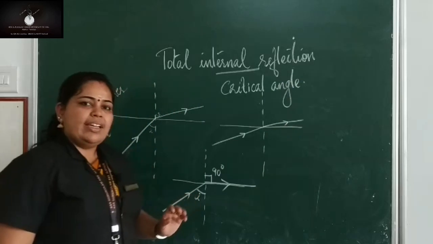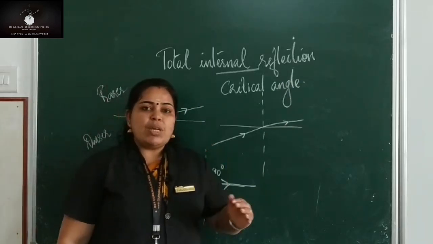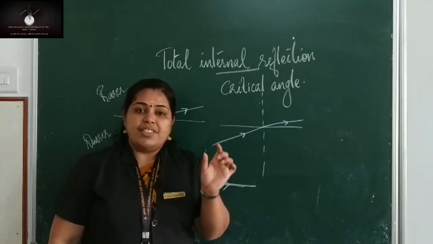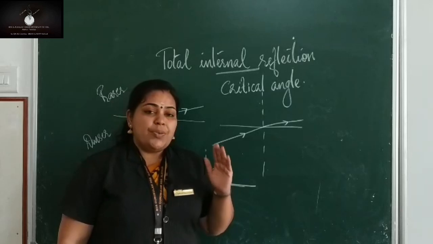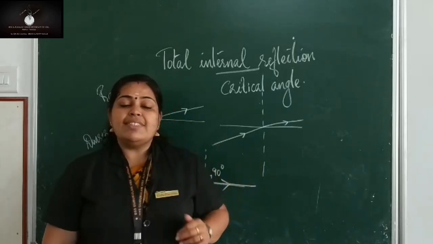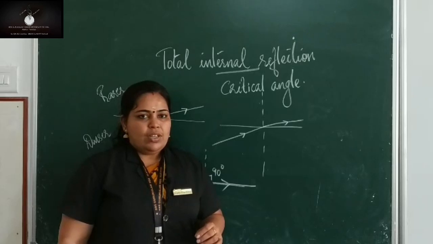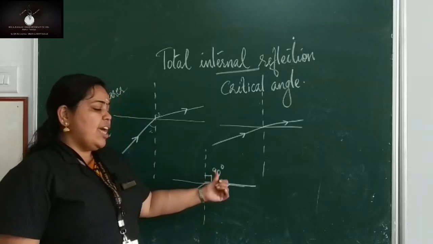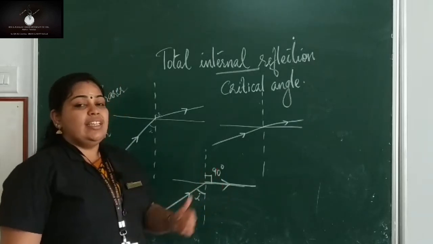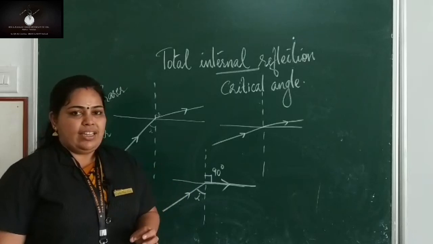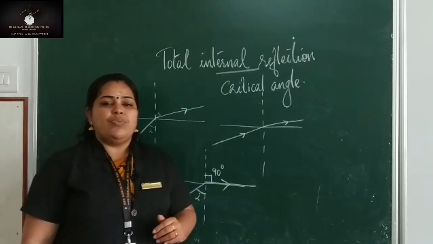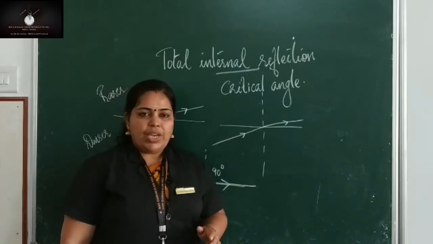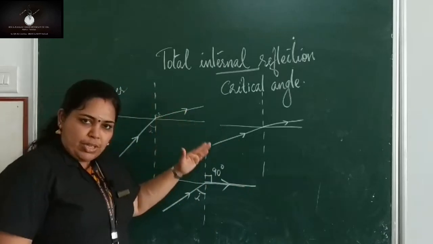So what is critical angle? When a light ray moves from a denser medium to a rarer medium at a particular angle of incidence, what will happen? The refracted ray moves along the surface of separation. So the angle of incidence in the denser medium for which the angle of refraction is 90 degree is known as critical angle. So there is a condition for that. The light ray should travel from denser medium to a rarer medium. Only then it will move away from the normal.